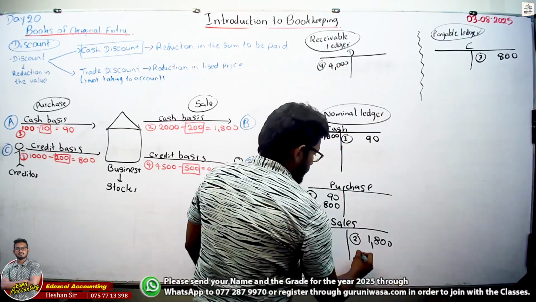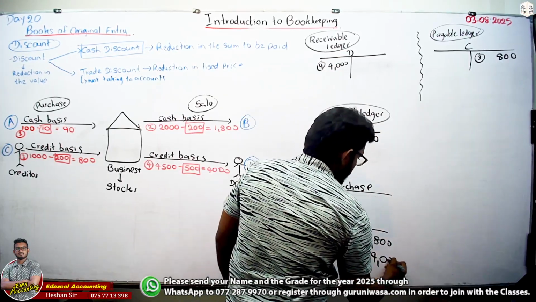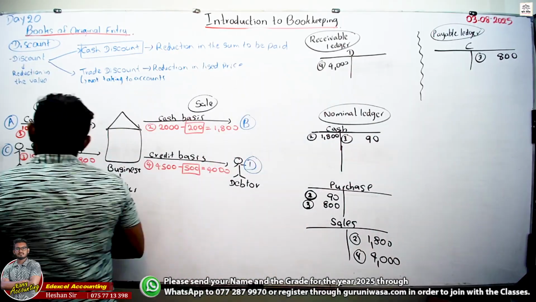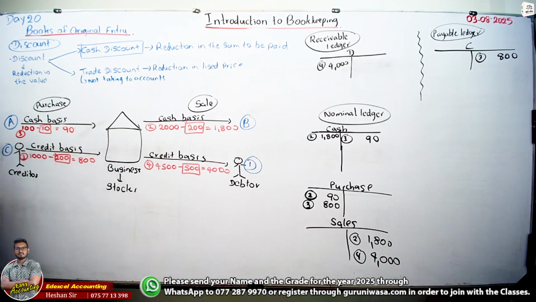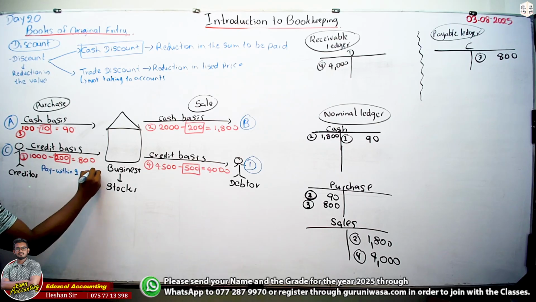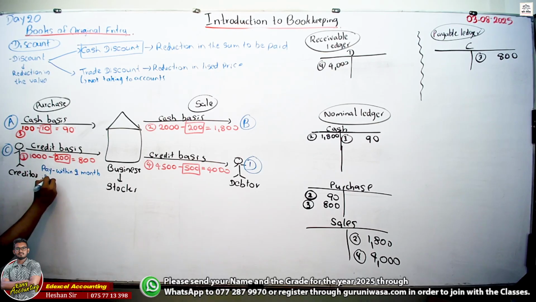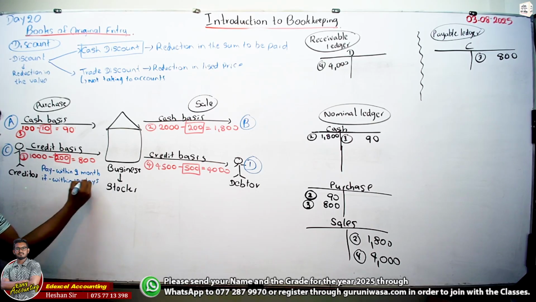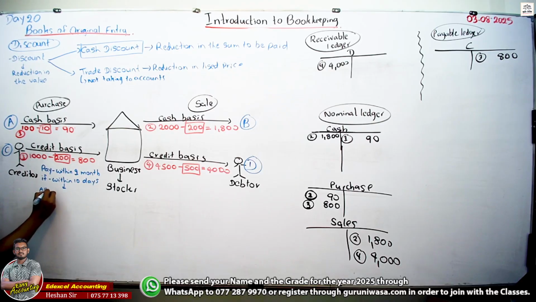We sell 4,000. But now think, the party who is selling the goods imposes a rule like this: pay within 1 month, and if within 10 days, allowing 10% discount.